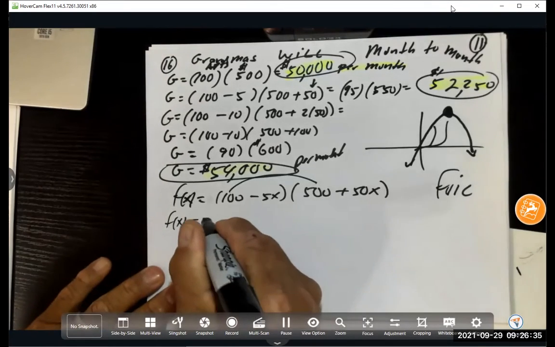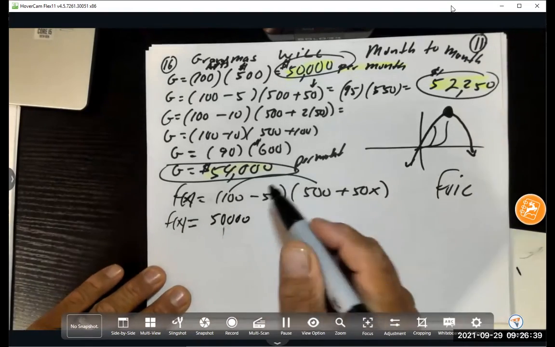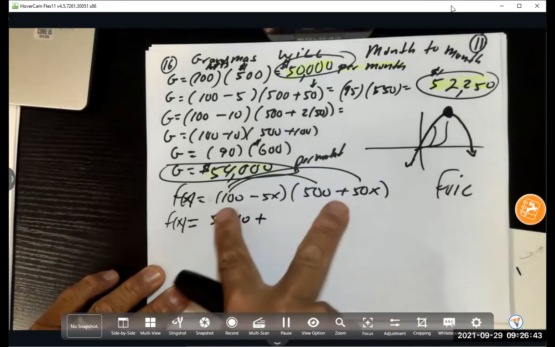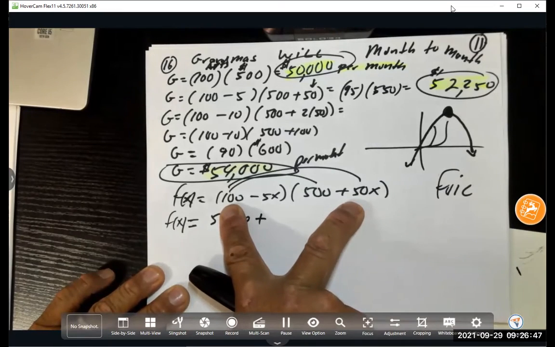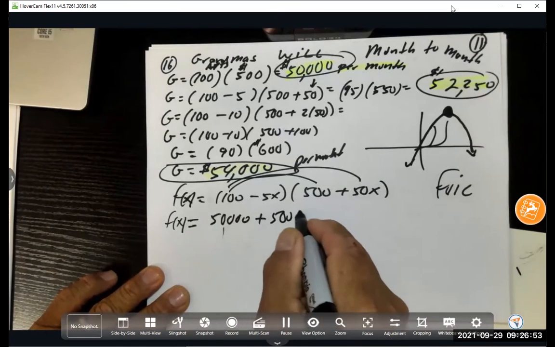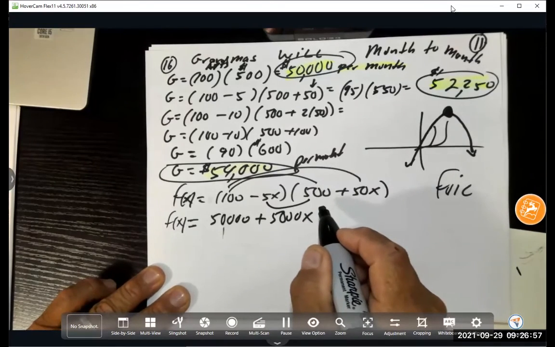Yes, 50,000. And 100 times 50x. What is that going to be? $5,000x. And negative 5x times 500. What's that going to be?